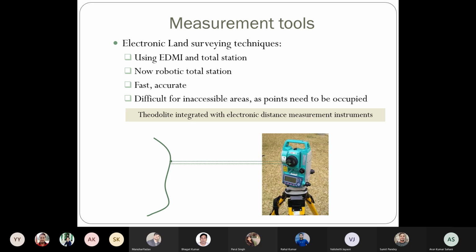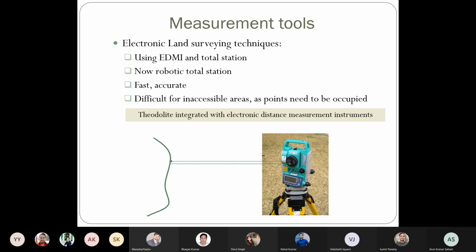When we talk about the total station, it is a composite version of EDMI and theodolite. It means using the TS, you can do the measurement between 2 points, as well as measure the angle of a point that is connected to this total station.